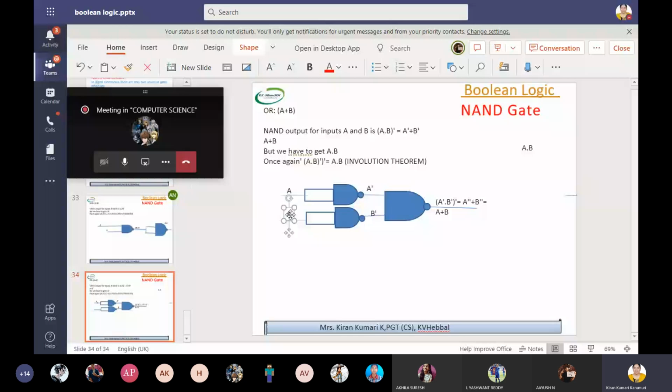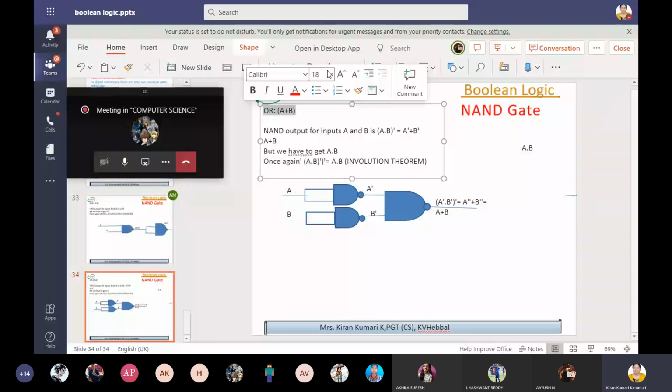See, using NAND alone, we have implemented NOT gate, we have implemented OR gate. So this is OR implementation using NAND. Next, this one is AND implementation using NAND.